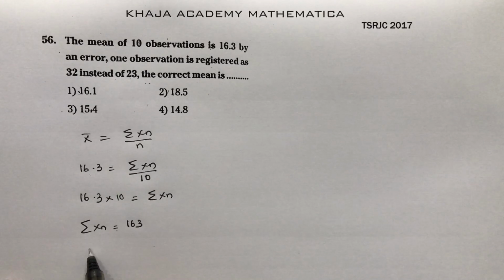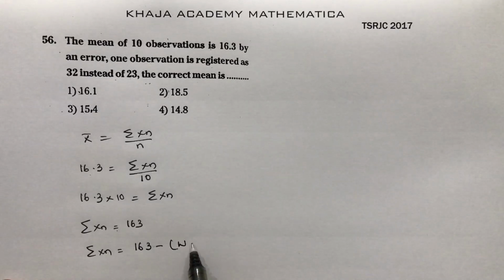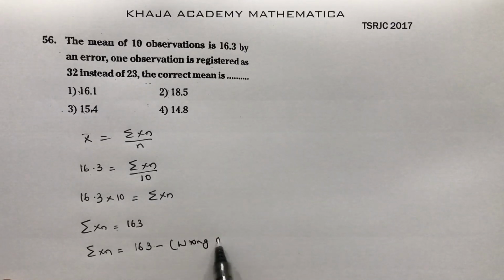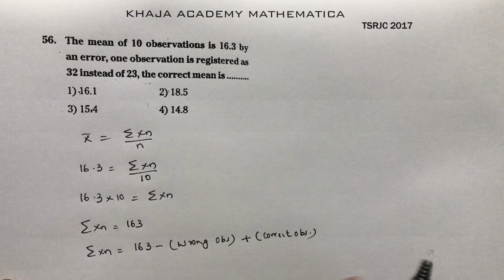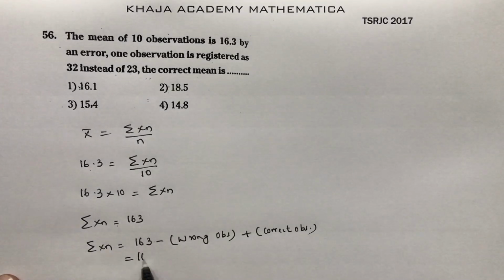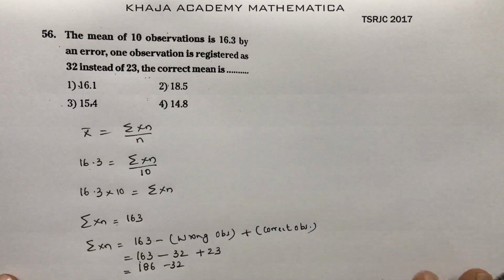So if we correct that in the sum 163, I'll take out the wrong observation and add the correct observation. 163 minus 32, which was printed instead of 23, is 131, plus 23 is 154. The sum is 154.